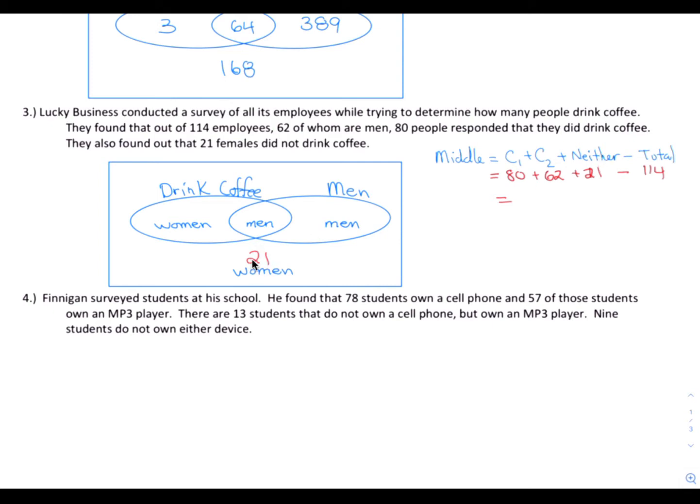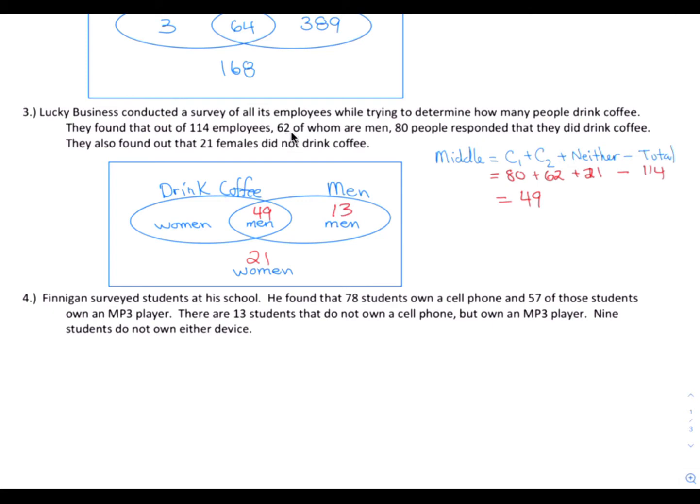Neither is the 21 women, and the total number of employees is 114. When you add 80, 62, 21, and subtract 114, you get 49. That tells us that there's going to be 49 men in the middle. That's 49 men who also drink coffee.